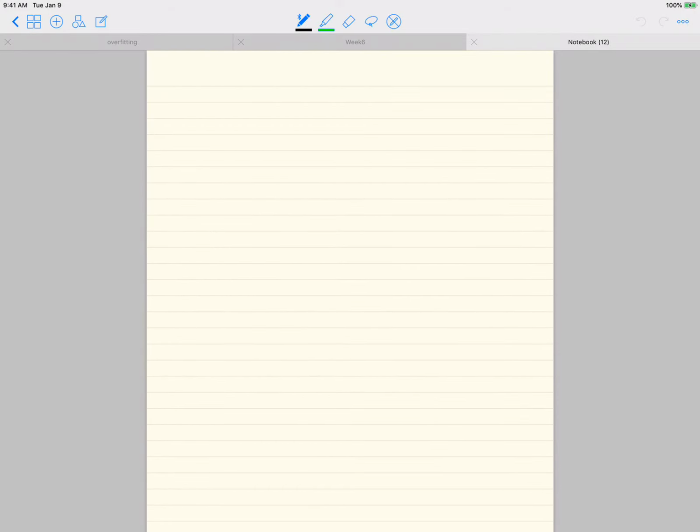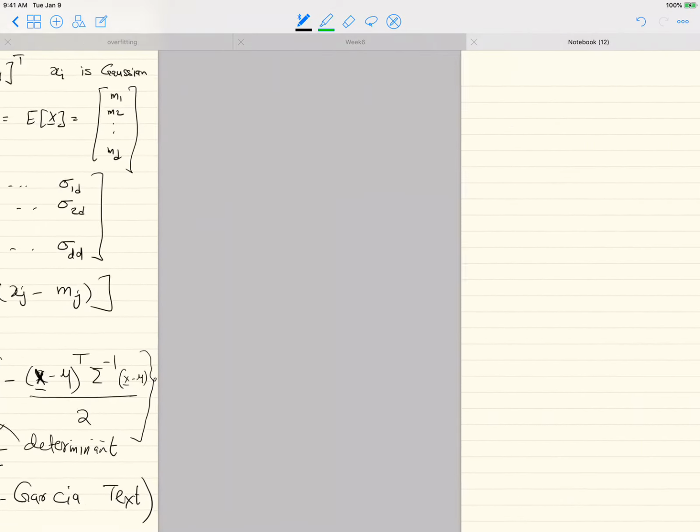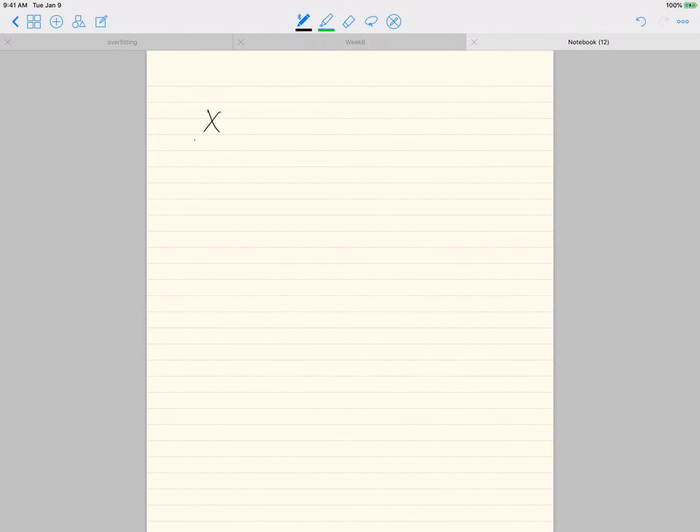All right, so now we have Gaussians. We will use the following notation for x: x is Gaussian with mean mu and covariance sigma. So this is the notation for a multivariate Gaussian. This is the mean and this is the covariance matrix.